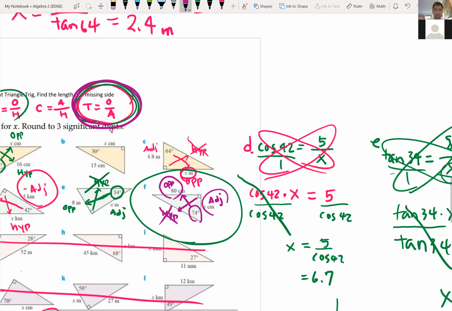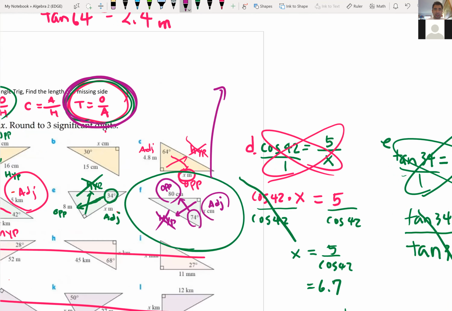So let's set it up. Tangent of angle measurement, always angle. Tangent of 74 equals opposite, 80, over adjacent, which is x, okay?